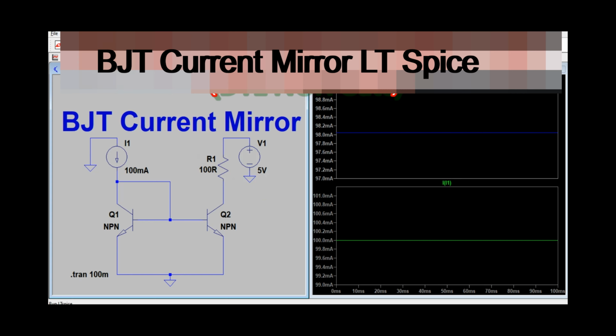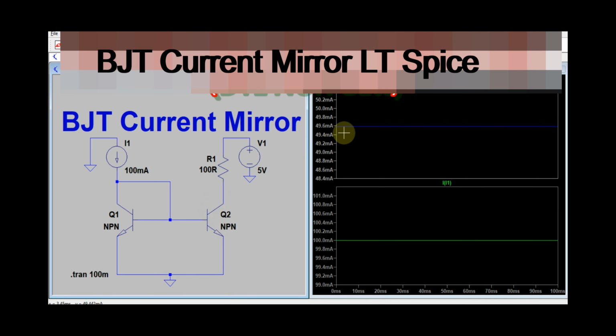Let me run the simulation, and now you can see if you reduce the load, that means you increase the resistance value R1, your current IR1 is lowered. It is as per the theoretically calculated value: 5 divided by 100 ohm gives 50 milliampere, neglecting the VCE loss of Q2.